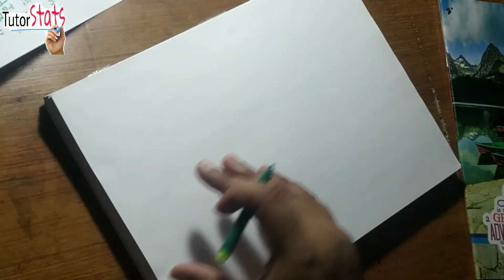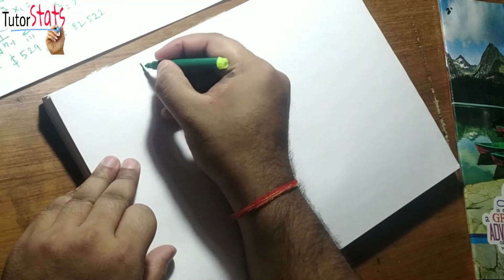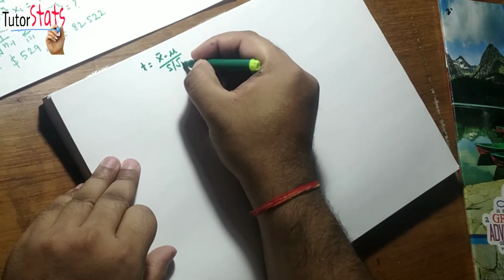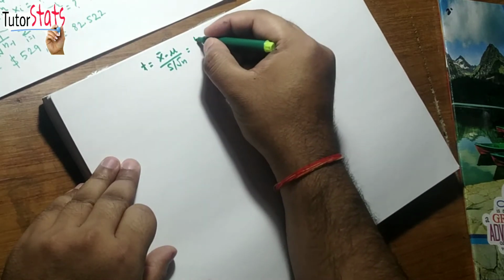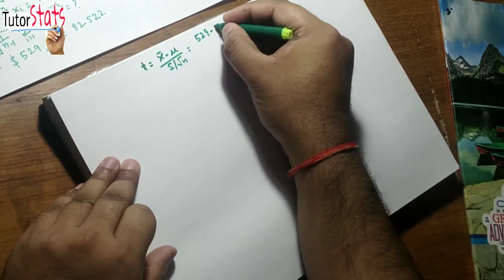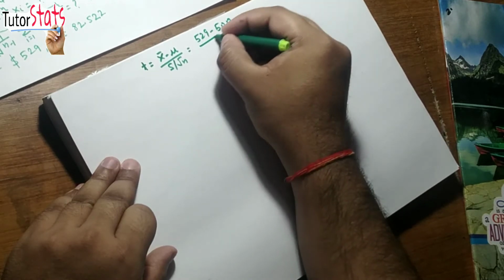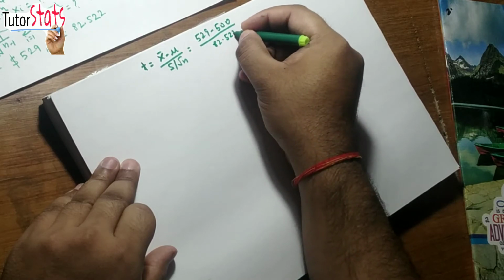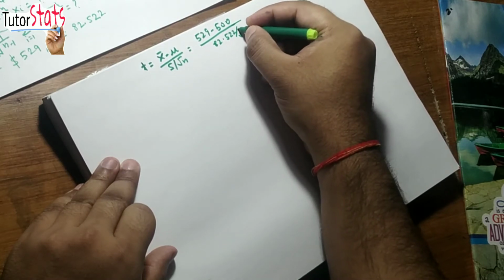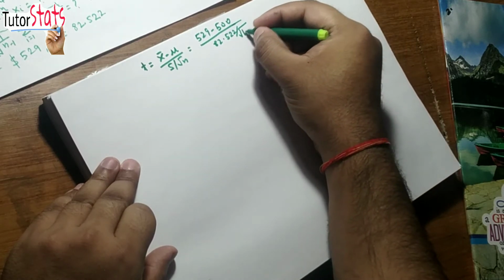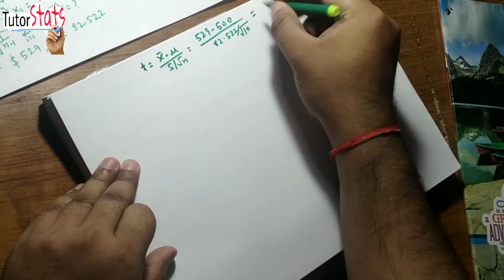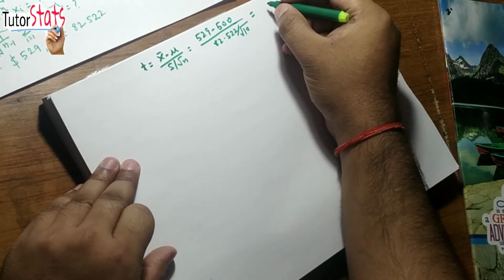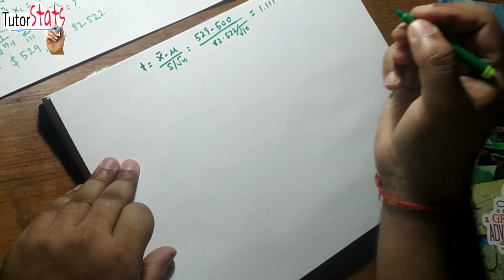Now the formula of test statistic is T is equal to x bar minus mu upon S upon root n, where x bar is 529 and mu is 500, capital S is 82.522, n is 10. After calculating this expression, we will get 1.111.